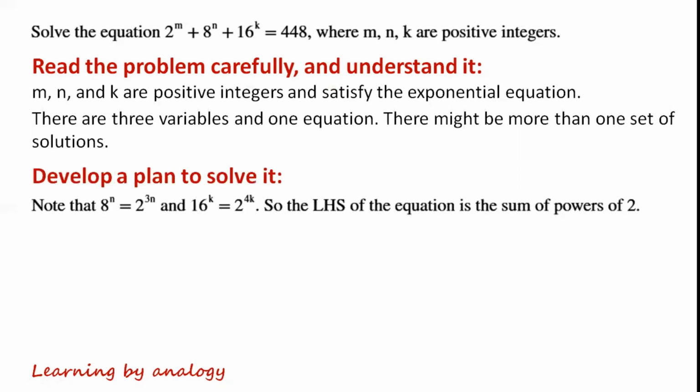Note that 8 to the power of n equals 2 to the power of 3n and 16 to the power of k equals 2 to the power of 4k. So the left-hand side of the equation is the sum of powers of 2.